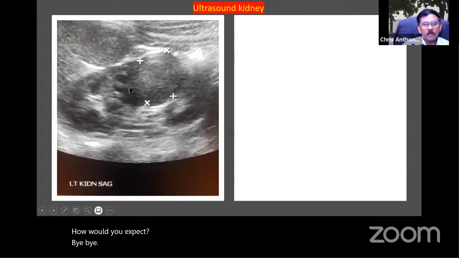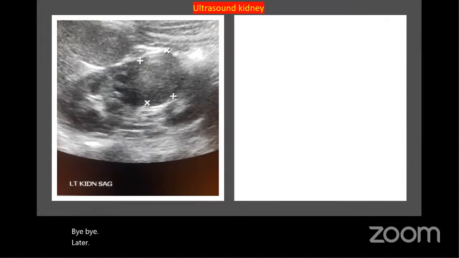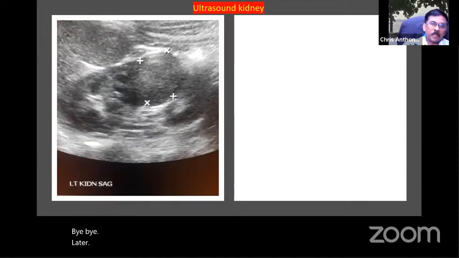Okay, what is a globular shape? How do you know it's globular? It's circular and well demarcated. Globular means three-dimensional. Okay, this is a circular, hypoechogenic mass here. Then if they give you the measurement, you have to tell the measurement, 1 centimeter by 2 centimeters or whatever it is.